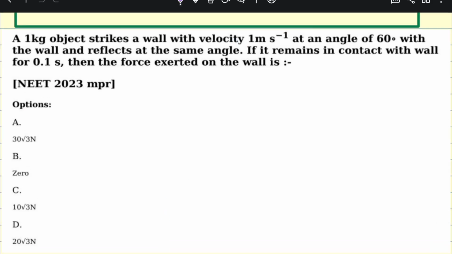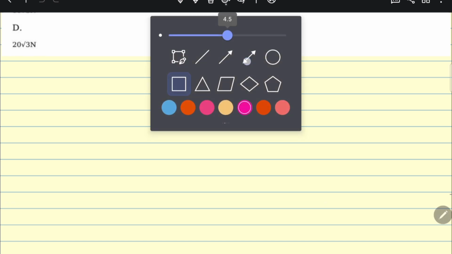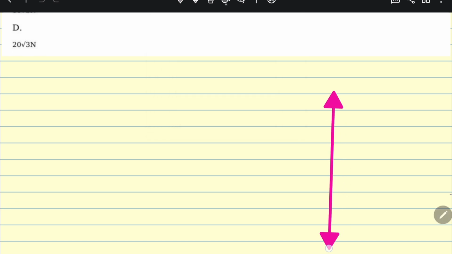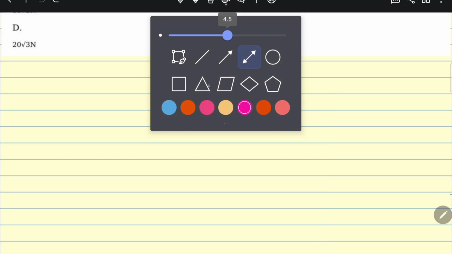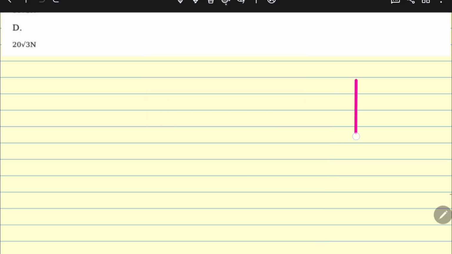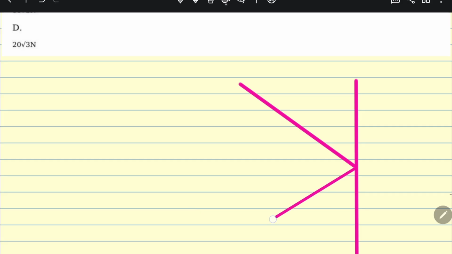A 1 kg ball strikes a wall with the velocity 1 meter per second at an angle of 60 degree with the wall. So it is like this situation. I make the diagram so that you can easily understand. This is a wall, and the ball strikes and then returns.